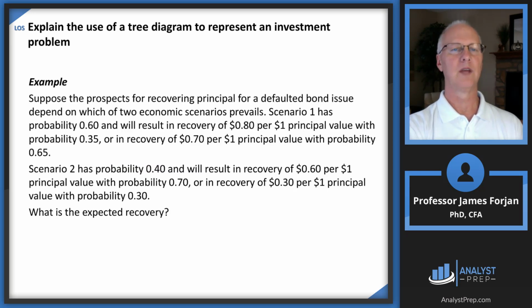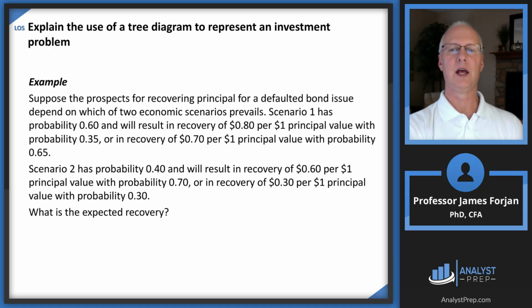All right, let's look at an example here. Suppose we're investing in a defaulted bond issue. Oh boy. All right, so scenario 1 has a probability of 60% that we're going to recover 80 cents, and then that probability is 35%, or a recovery of 70 cents per $1 principal with the probability of 65. All right, so do you see this?